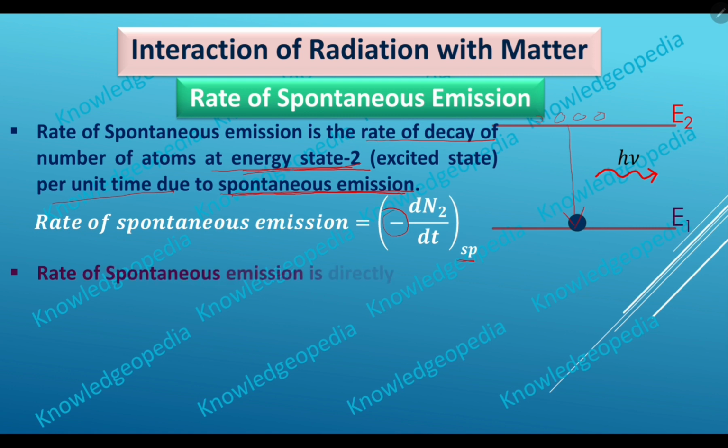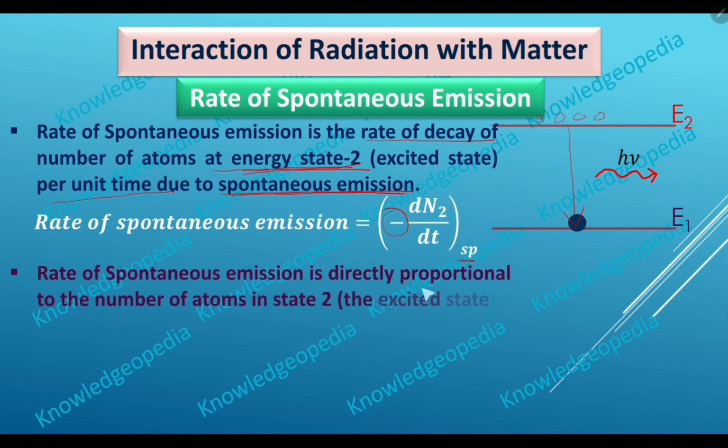So this rate of spontaneous emission is directly proportional to the number of atoms in state 2, that is the excited state. So I can write minus dN2 by dt is directly proportional to N2. Here it is independent of the photon density because it is not affected by the photon density.